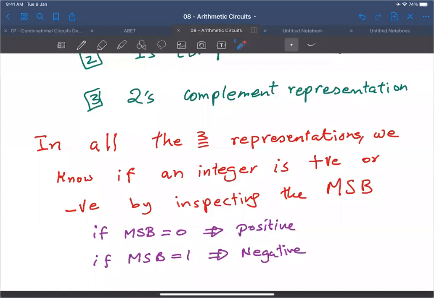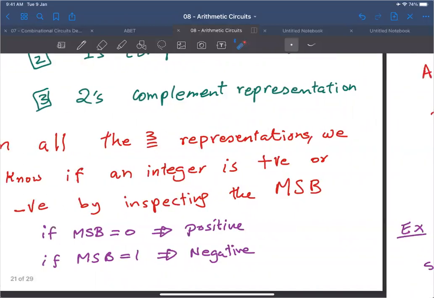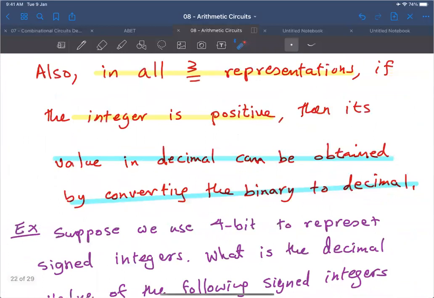The second fact that is also applicable to all the representations is that the decimal value of a positive number is the same regardless of the representation. It is equivalent to the conversion of that binary number to decimal, okay?